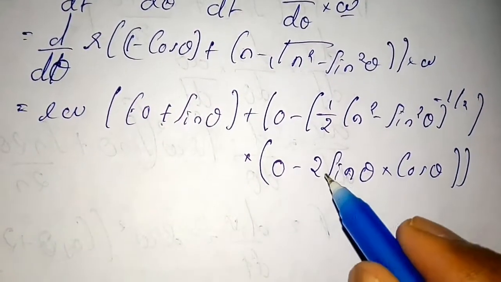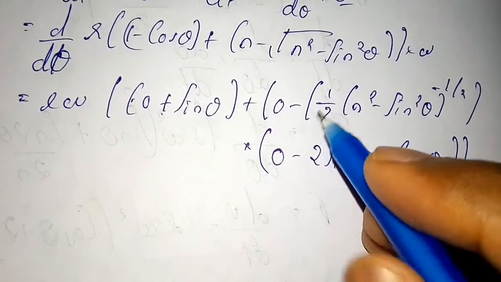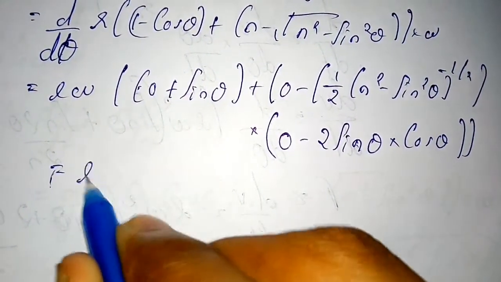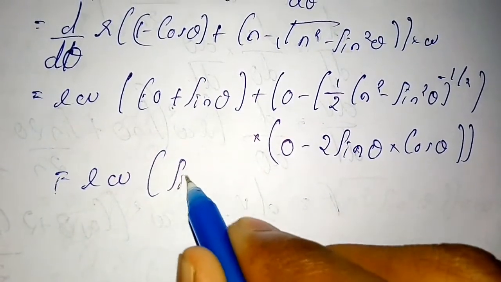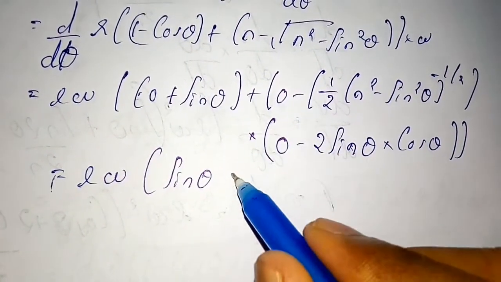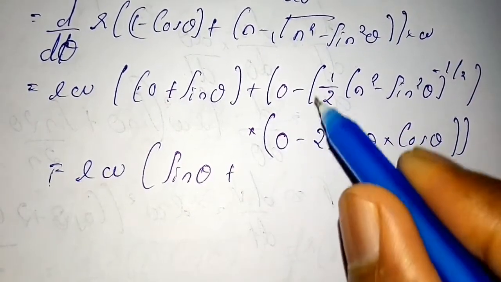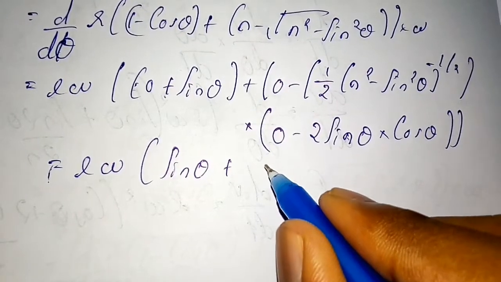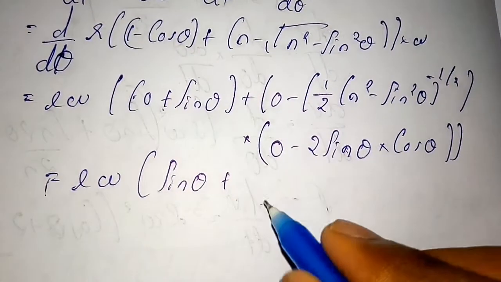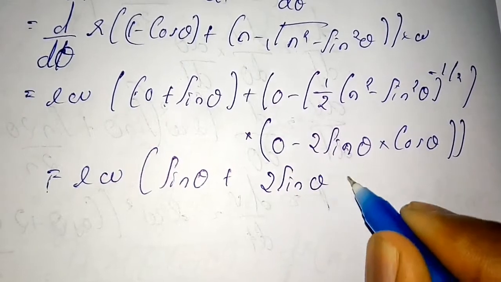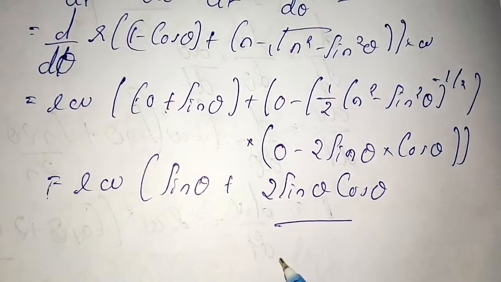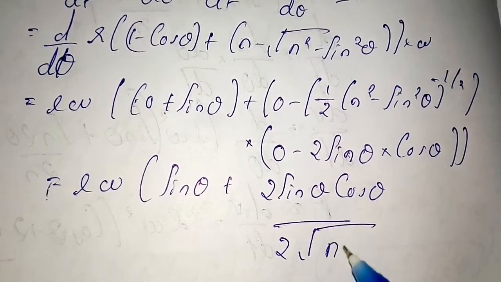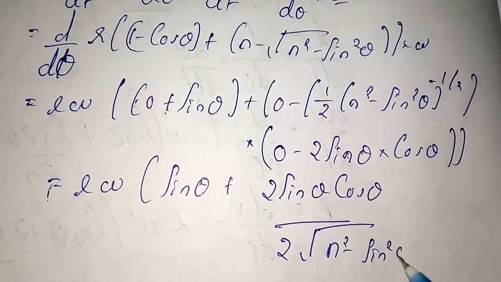So here we have minus on both sides, so it will become positive. The velocity v will be r omega into sine theta plus, since these both are minus, the product will be positive, 2 sine theta cos theta divided by 2 root n square minus sine square theta.